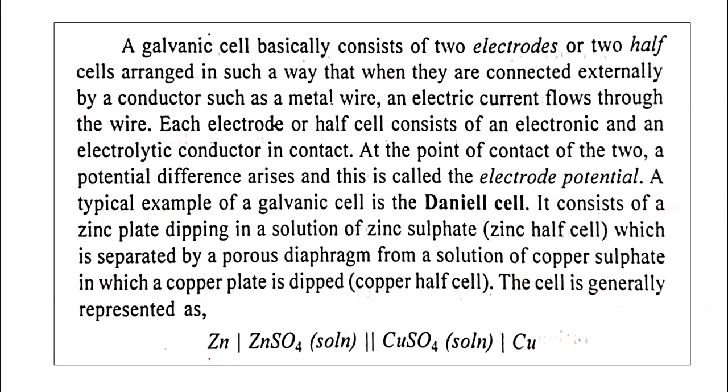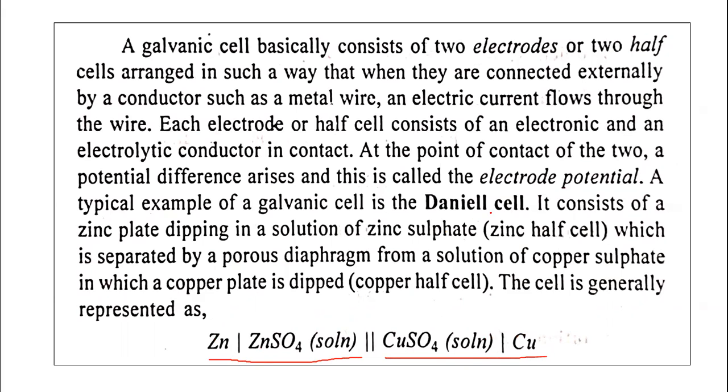So this is the Daniell cell. This is one electrode, this is another electrode. So a galvanic cell is the combination of two electrodes or two half cells. This is one half cell and this is another half cell.